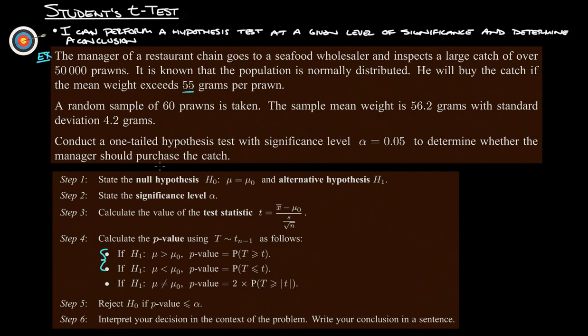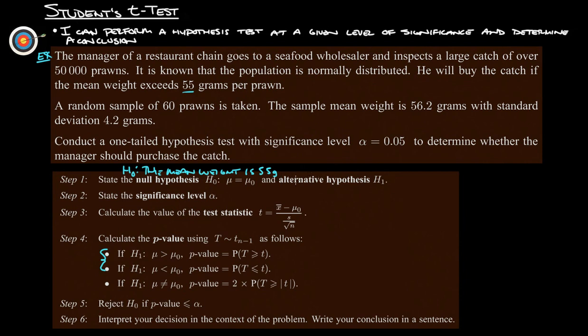So, step one, null hypothesis. Our null hypothesis, H0, is that the mean weight is 55 grams per prawn.